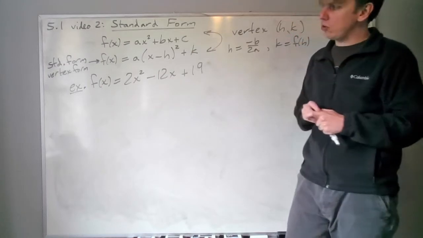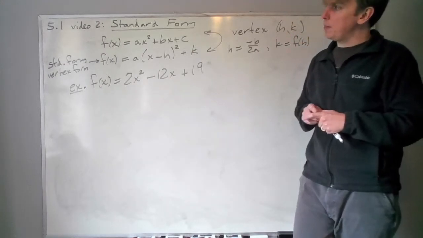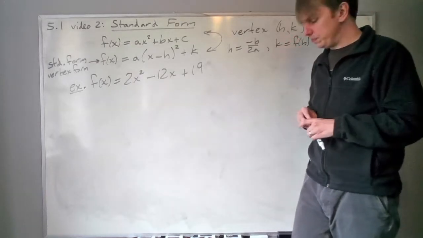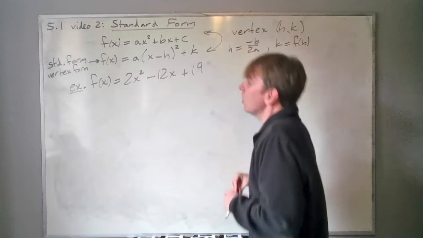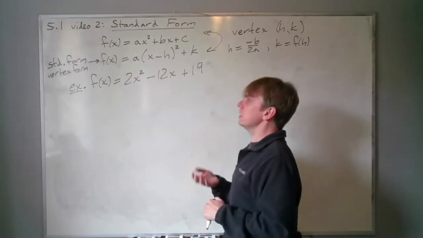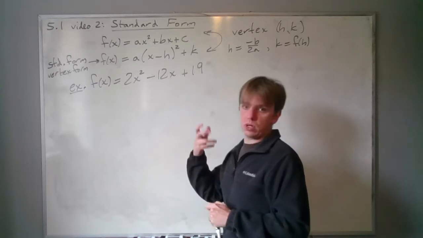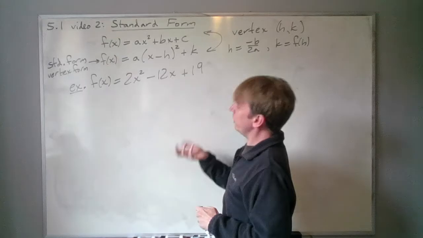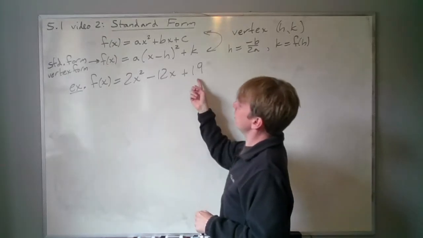So I'm going to try and do completing the square, but it's going to look a little bit different than what we've seen before. When we saw completing the square before, our instructions were to get the x's together, or get the x's by themselves. And so, if I was solving an equation using completing the square, I would subtract 19 to the other side.